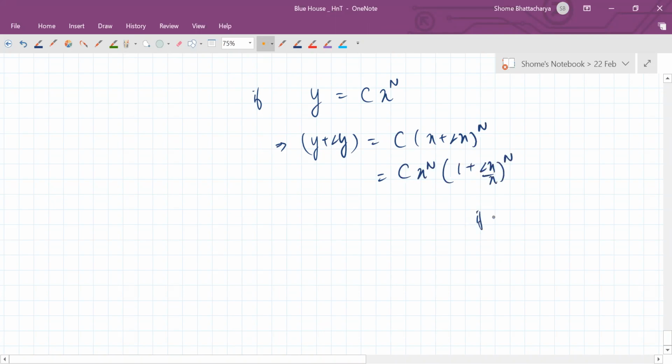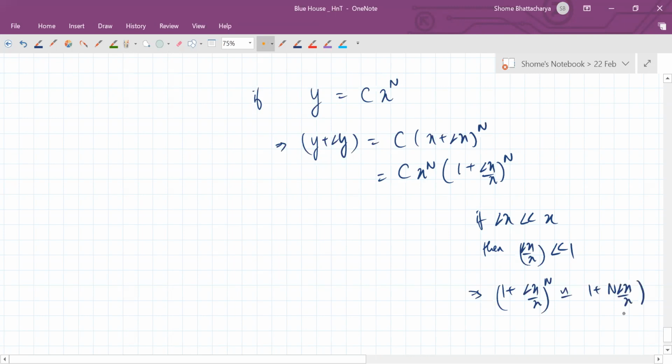If delta x is small compared to x, then delta x by x is small compared to 1. So 1 plus delta x by x to the power n can be approximated as 1 plus n times delta x by x.